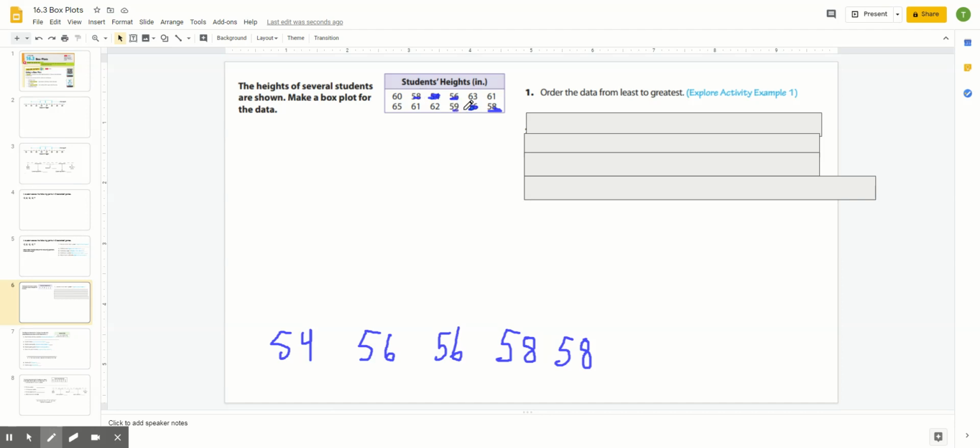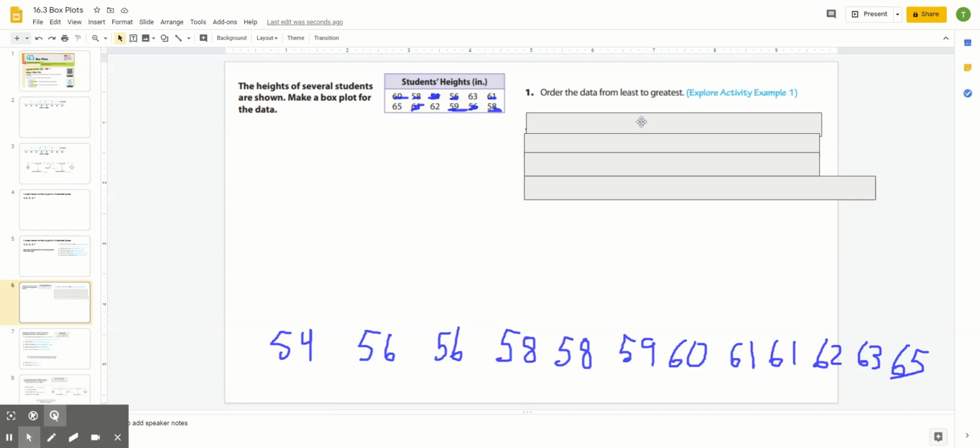I have a 59 and then a 60. And then I have 2 61s. A 62, 63, and a 65. Thank goodness I can write on the screen and not on the slide itself, because I'd be doing that all over again.